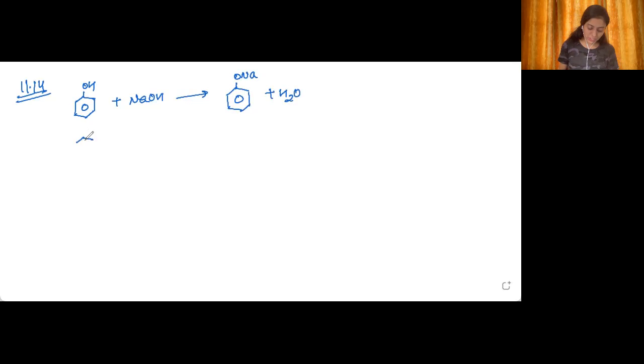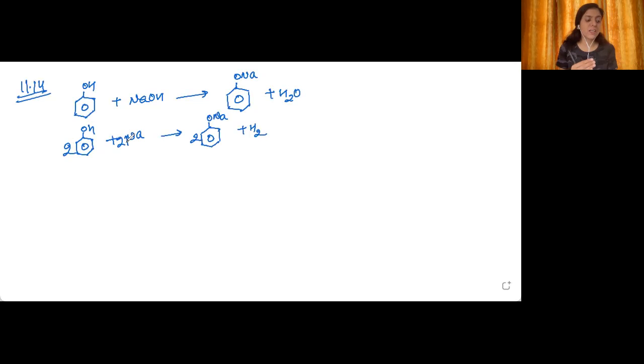Then the second reaction can be reaction of phenol with sodium metal. So it will lead to the formation of again sodium phenoxide, and hydrogen gas will be liberated. So these are the two reactions which are showing the acidic nature of phenol.